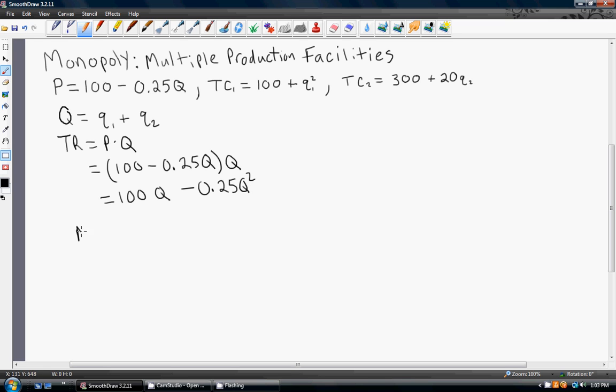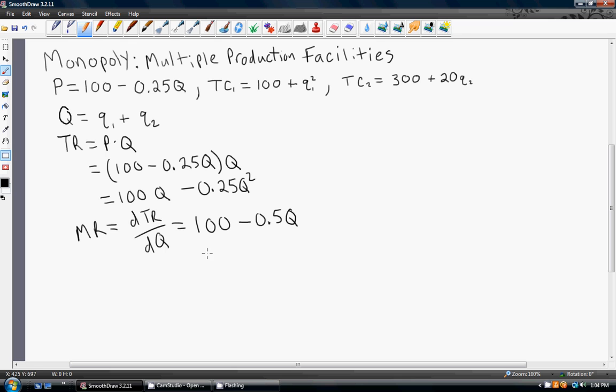And now marginal revenue is solved for by taking the derivative of the total revenue equation, and we get 100 minus 0.5 Q.